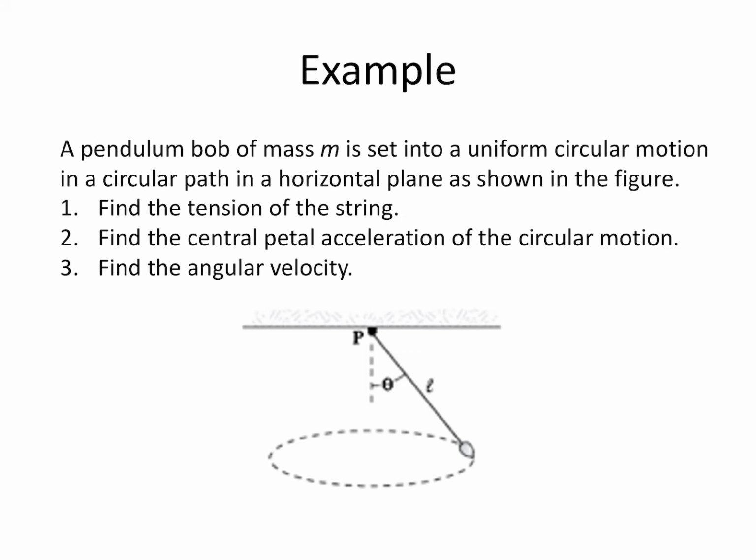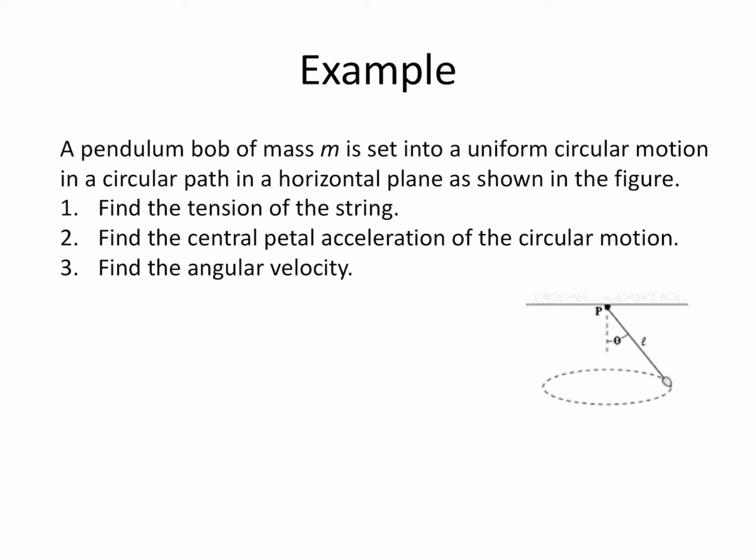I'm going to solve this one here. A pendulum bob of mass m is set into uniform circular motion around this path. We want to find the tension of this string, the centripetal acceleration of the circular motion, and the angular velocity. This actually requires dynamic analysis.